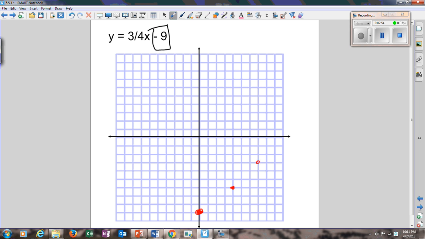You do the same thing again if you want to be more accurate with your line. I drew my third dot up 3 over 3, not 4, so I had to fix that when I drew my line. But that's the equation of the line.